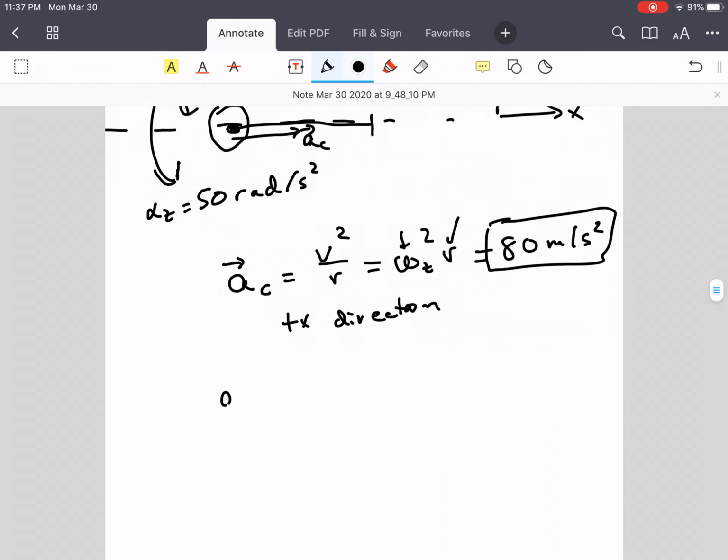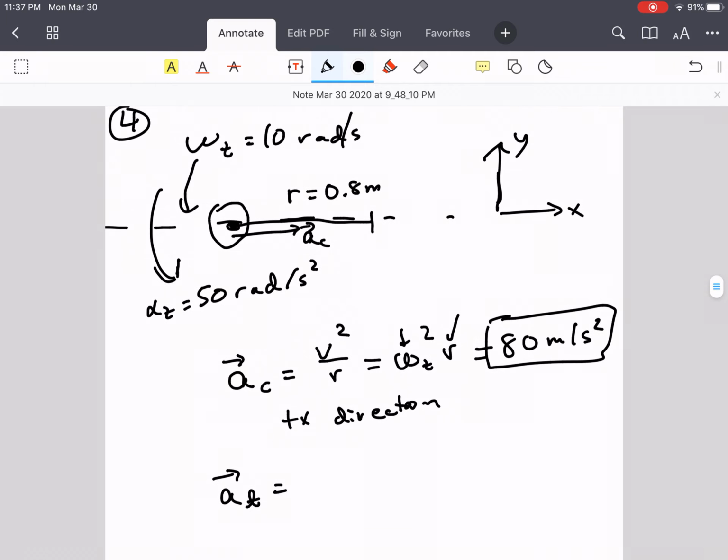All right, how about tangential acceleration? So earlier we never really solved for tangential acceleration. We just said it's a thing that exists. Now we can actually put some numbers behind that. So the formula we're going to use for this is that tangential acceleration is r times alpha.